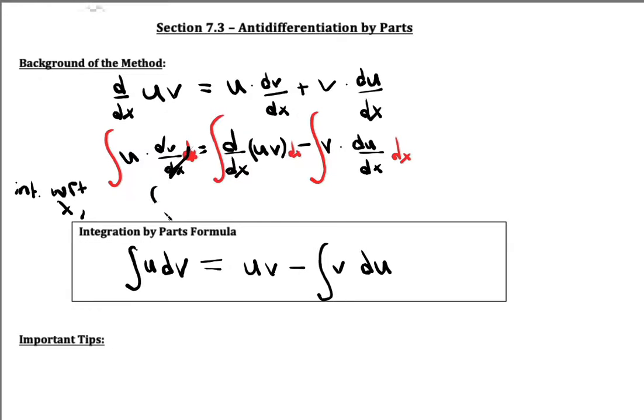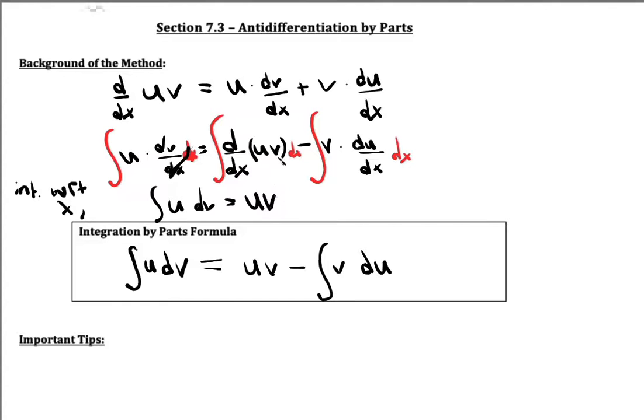And we have now the integral of u dv equals, and then, it's not the exact same thing here. The integration and the derivative are inverse operations. Taking the integral of the derivative, by the fundamental theorem of calculus part 2, those are inverse operations which nullify each other.